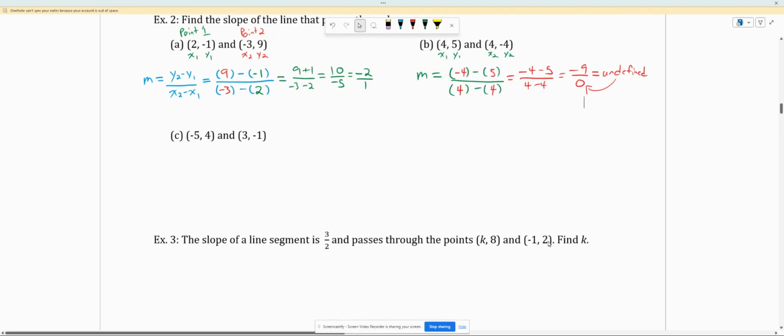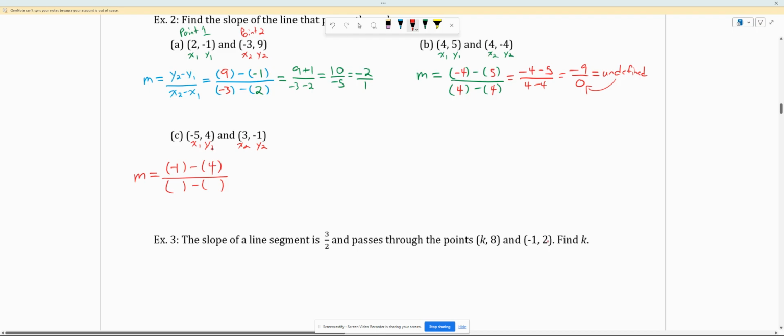Okay, let's do another example here. Again, we're going to say our slope m is equal to our y value. So I should label this first, x1, y1, that's point 1. Point 2 is x2, y2. Okay, so let's subtract our y's, and then we're going to subtract our x's. So our x2 y2 is -1, subtract our y1.